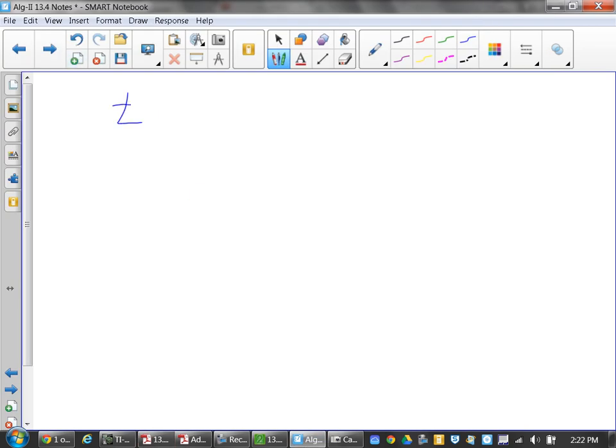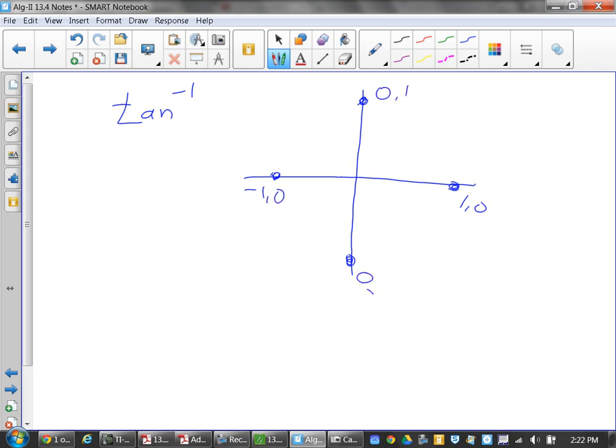Tangent mirrors the idea of sine values. To get continuous tangent values, we look at our ordered pairs: 1, 0; 0, 1; negative 1, 0; 0, negative 1.